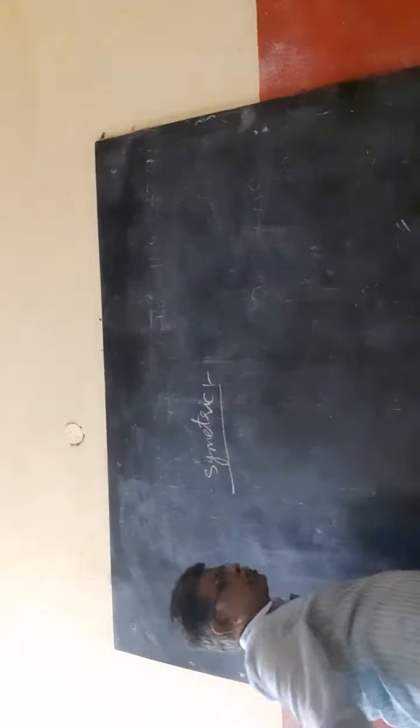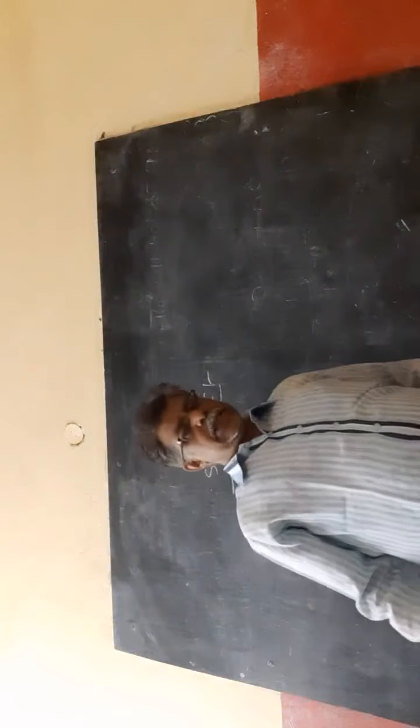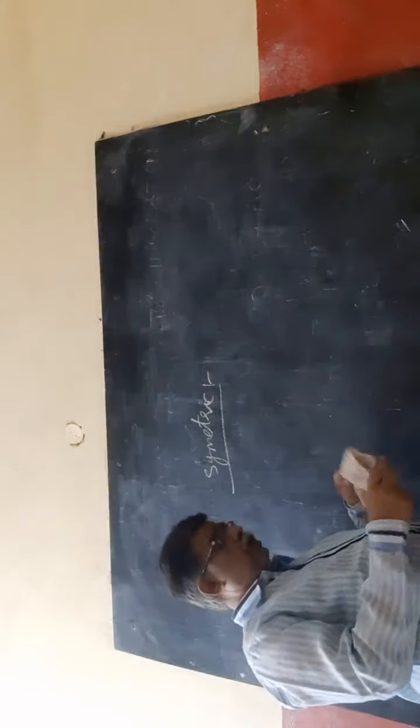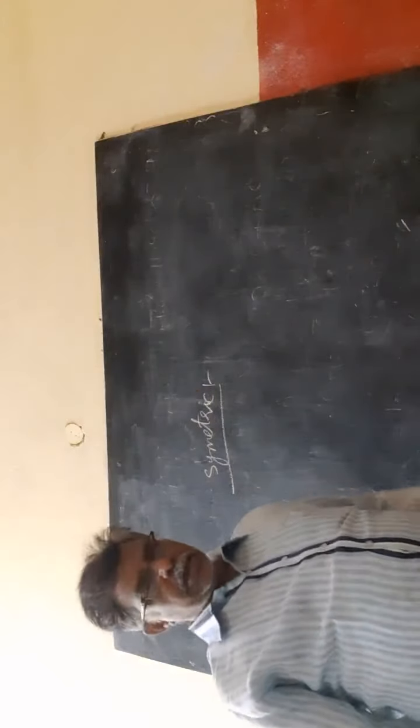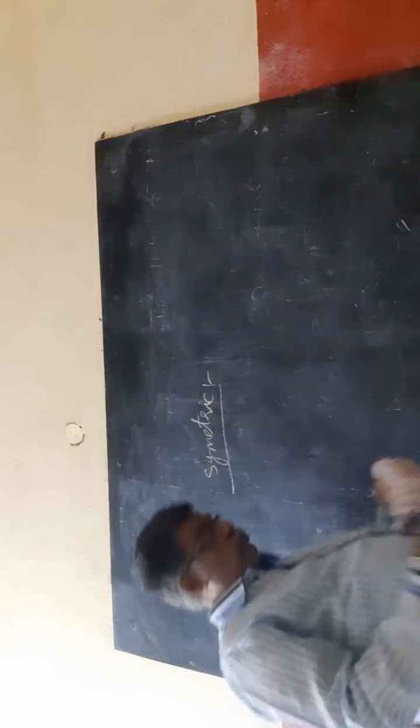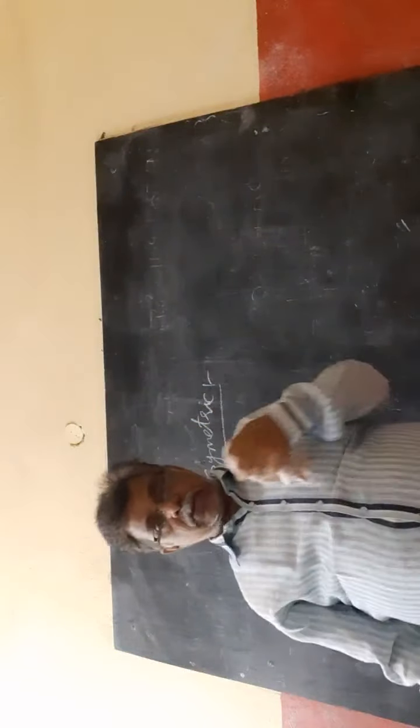Symmetric matrix. What is symmetric matrix we discussed? If A transpose equal to A, then A is called as symmetric. What is the transpose? Changing rows into columns and columns into rows is called as transpose. We already discussed it.